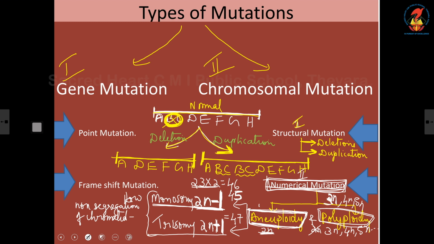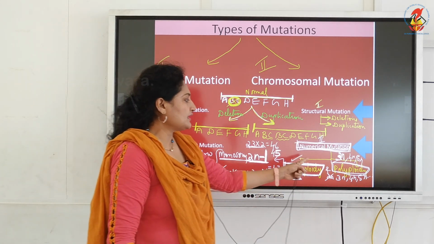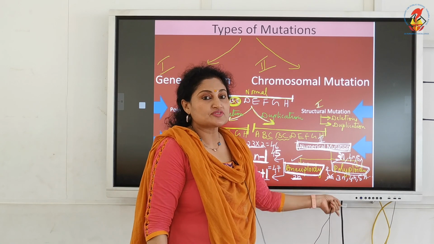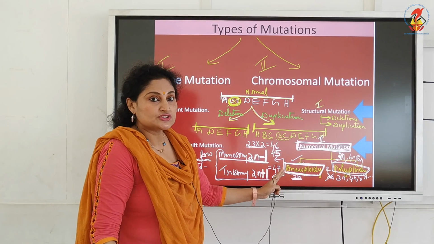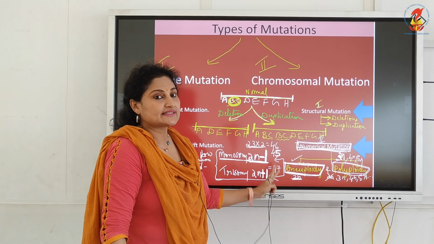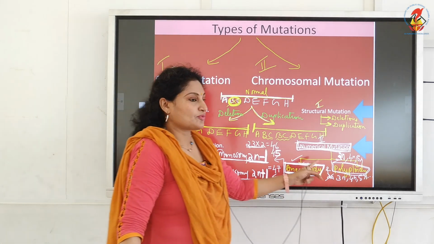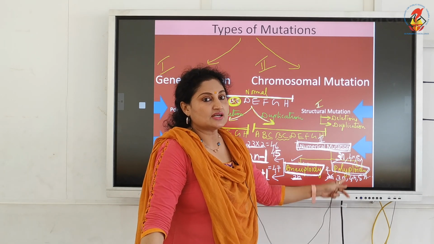So once again reiterating the difference: aneuploidy is the change in the number of chromosomes, whereas polyploidy is the change in the number of sets of chromosomes. Second difference, aneuploidy is caused due to the failure of segregation of chromatids at the time of cell division, whereas polyploidy is due to the failure of cytokinesis after telophase.